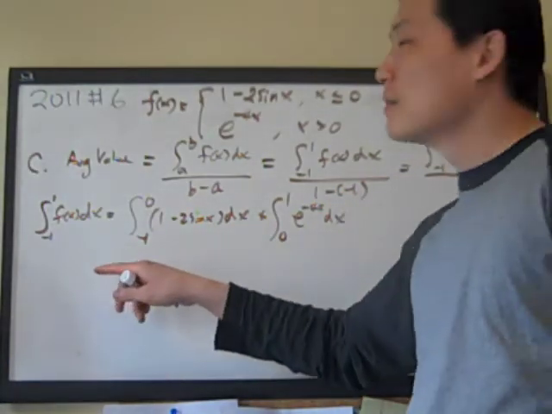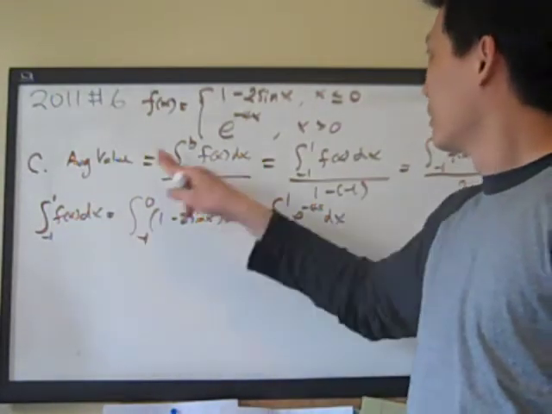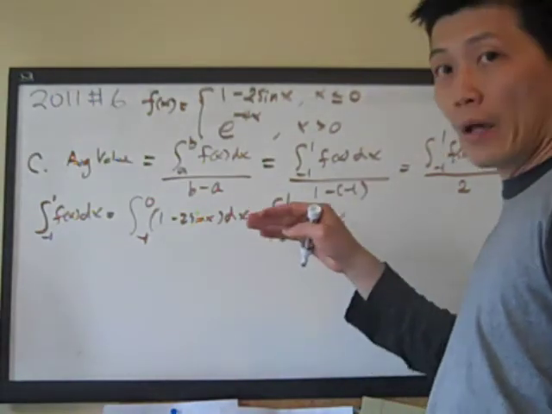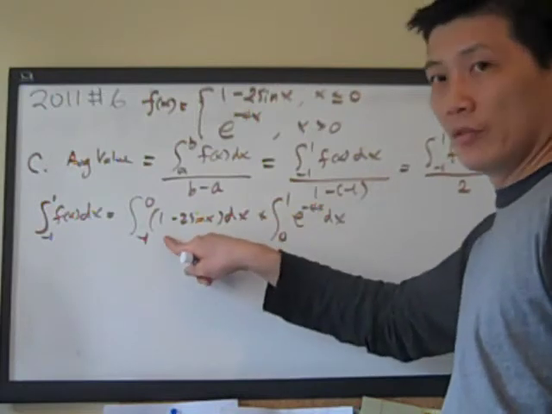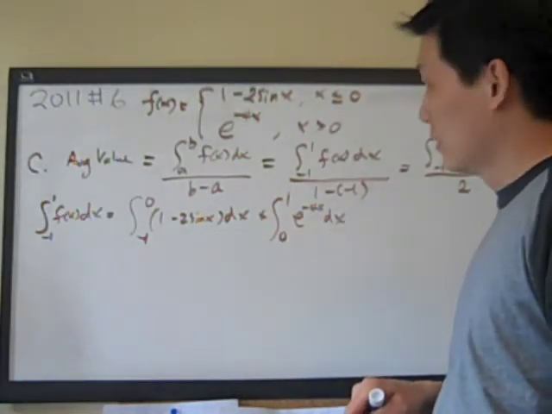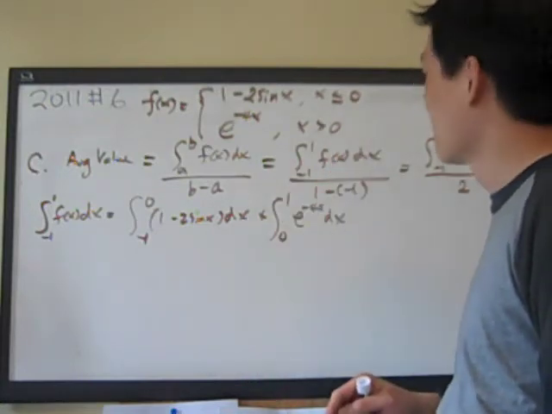Do you see what's going on? This function is defined by two pieces, and is split at 0. So if we go from -1 to positive 1, we must utilize two different parts of the same function.